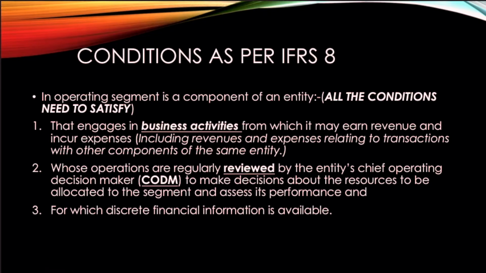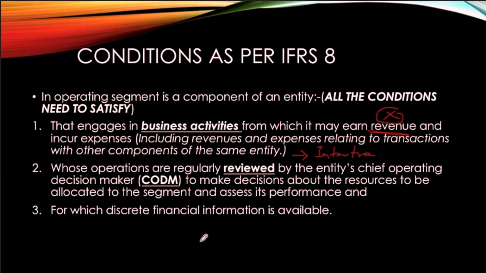So it is not at all mandatory that you should have revenue in the current state to provide disclosures like this. The point is that it should be engaged in business activity even though it's not generating any revenue, or it also includes any kind of inter-transfer.